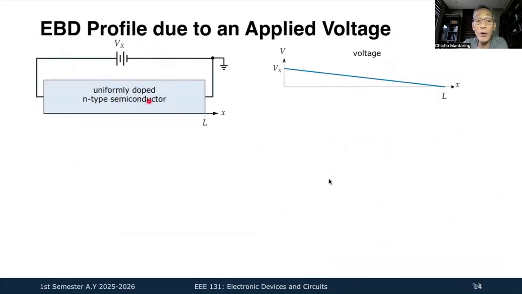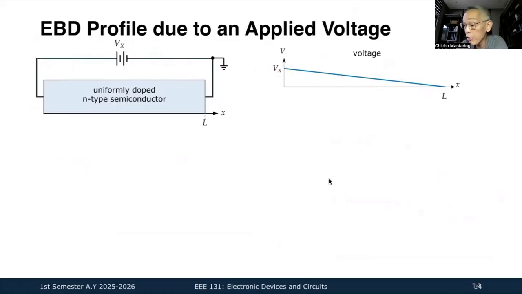And let's assume that we apply a voltage, the same voltage, but this time let's put the reference here. It doesn't actually matter where you put the reference. You can put the reference on the left side or on the right side, but in this particular case, let's put the reference here so that our plot does not end up being negative.